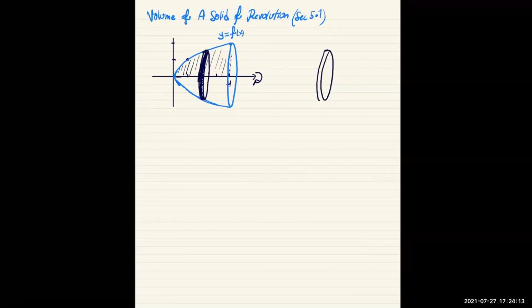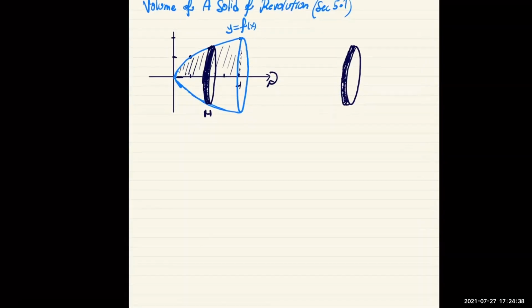Okay, so if you pay attention to the slice, this slice happens to be basically a cylinder. It's a cylinder with a tiny thickness. The thickness of the cylinder is dx. Why is it dx?